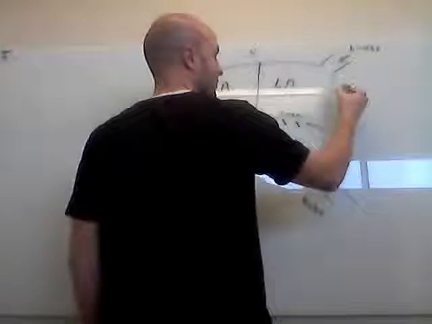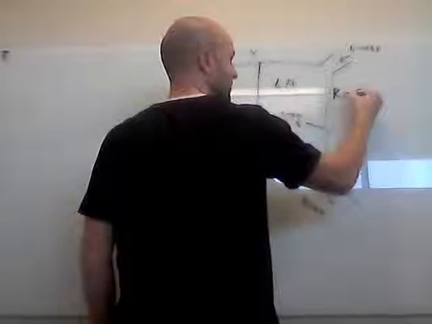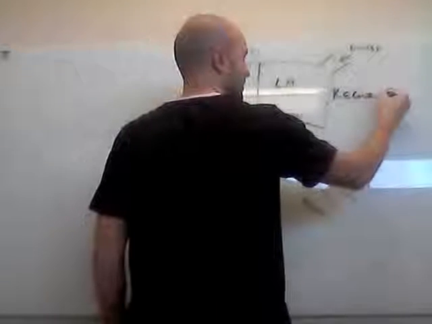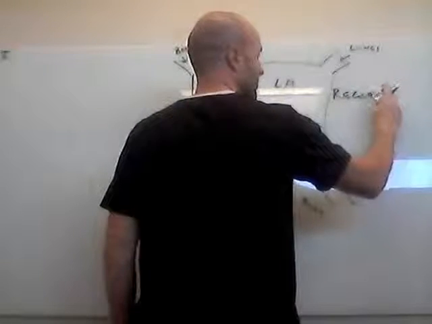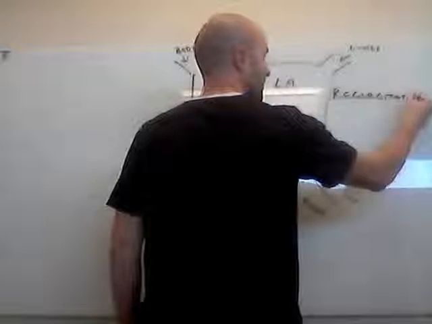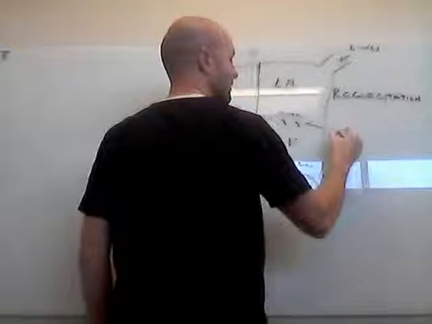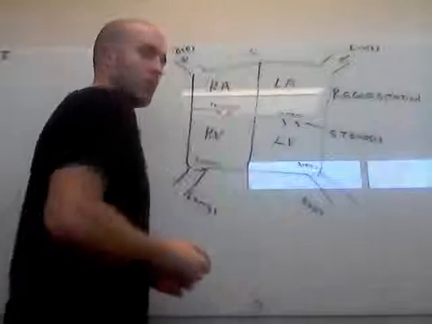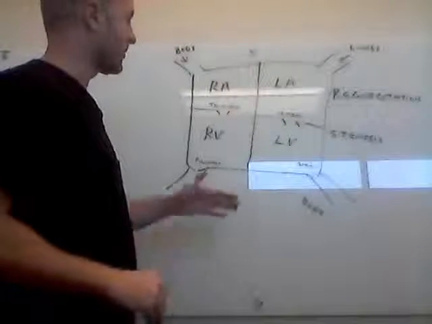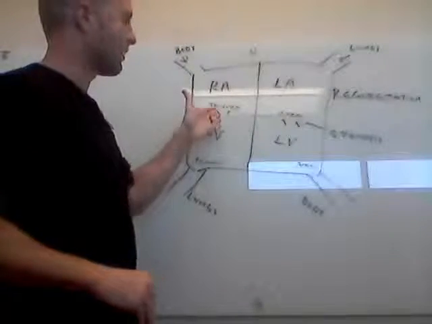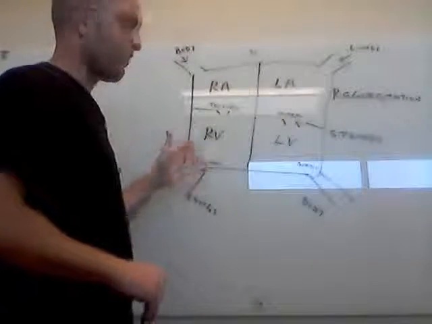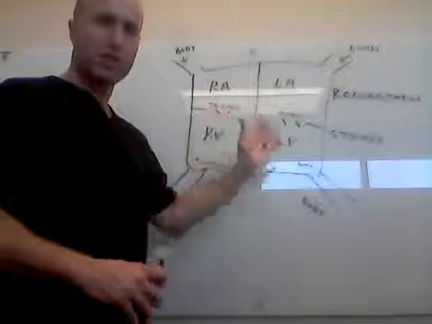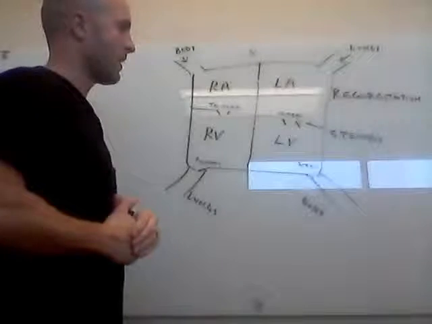So you can have regurgitation, and stenosis. Regurgitation or stenosis can happen at this valve, this valve, this valve, and this valve. Any one of them can have regurgitation or stenosis.